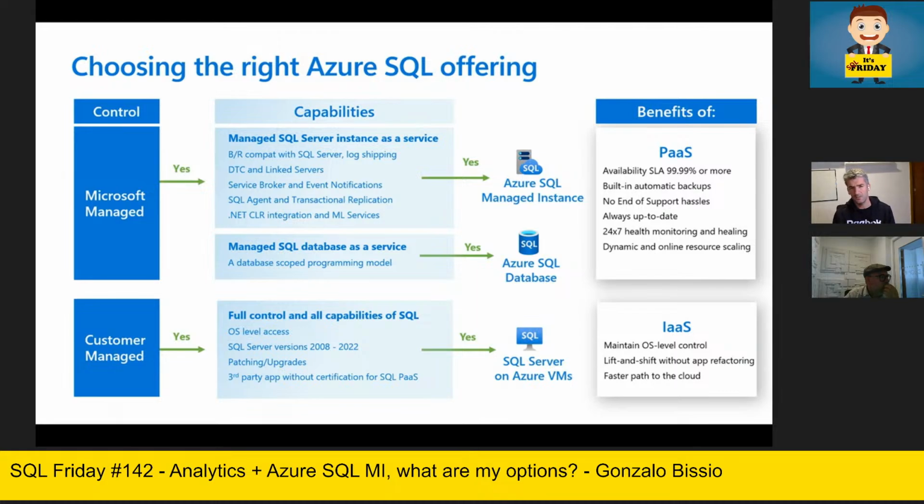Particularly if you see any limitations in terms of features, for example, file tables, there's an entire list of features that are allowed and not allowed in Azure SQL MI.